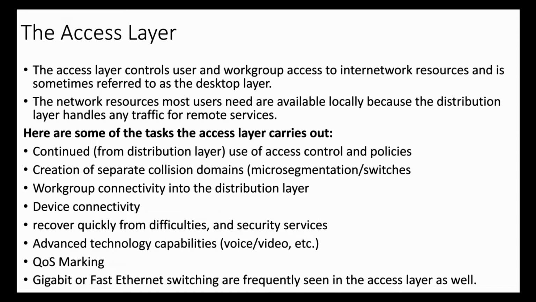Device connectivity, you will connect your devices in the access layer. Recover quickly from difficulties, and security services. Advanced technology capabilities, voice, video, etc. QoS, quality of service marking, is also done in the access layer. Gigabit or Fast Ethernet switching is frequently seen in the access layer. So remember all these things. The terminology which you are seeing here, like access control and policies, are different subjects or topics that we're going to discuss in future videos.